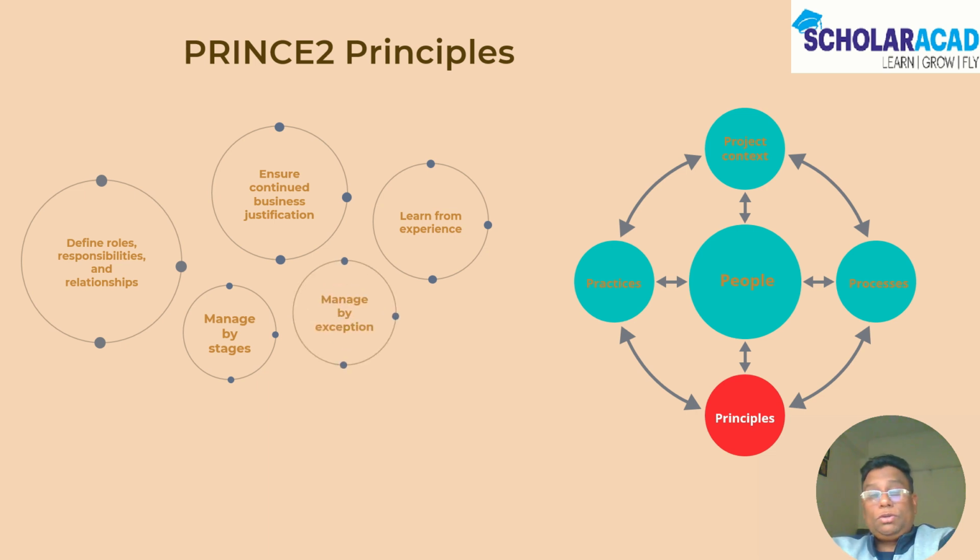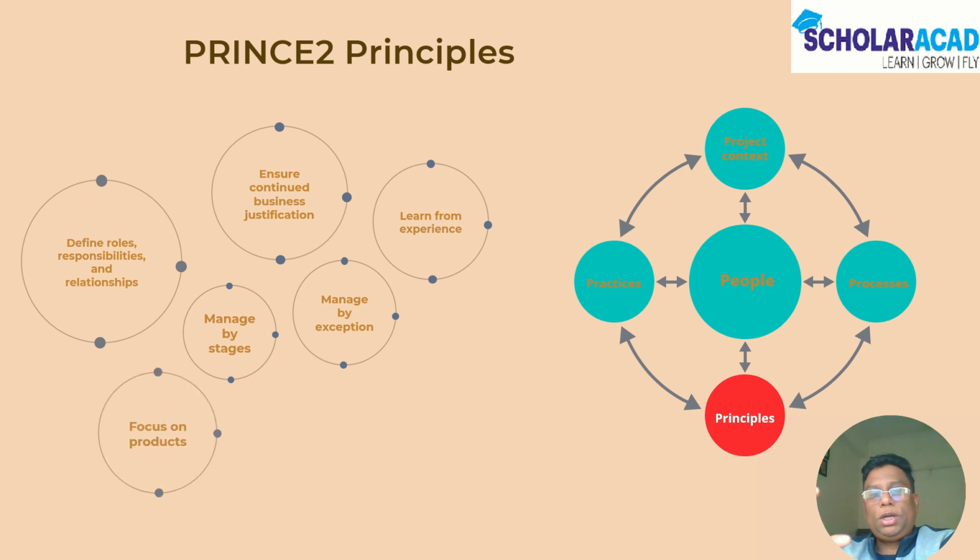Manage by exception: focus on the exceptions, meaning all the parameters which have been defined, like cost and timelines. In case something is not achieved, you will have some exceptions which require approval by the steering committee or the project board. Then focus on products.